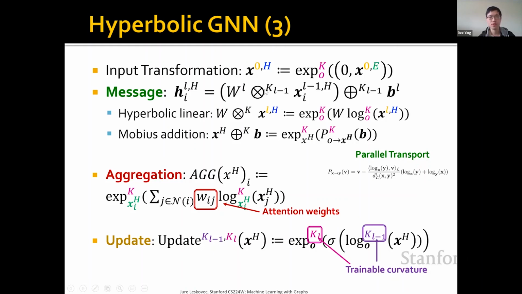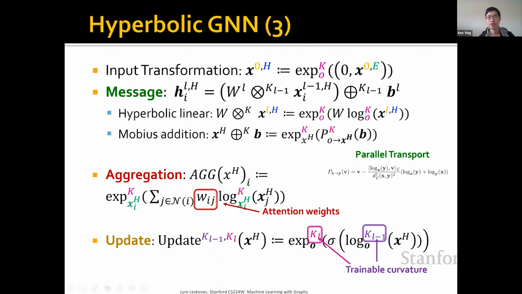Here we use this circled multiply to represent the linear operation, and this circled plus to represent the addition, the Mobius addition. And as you can see, these are defined through this exponential and logarithmic map here.